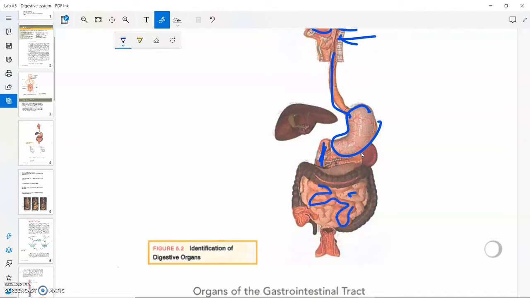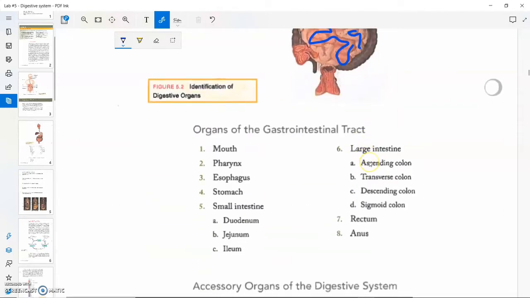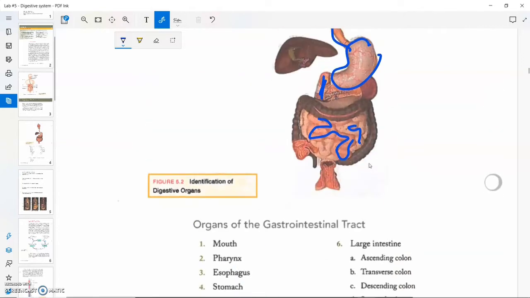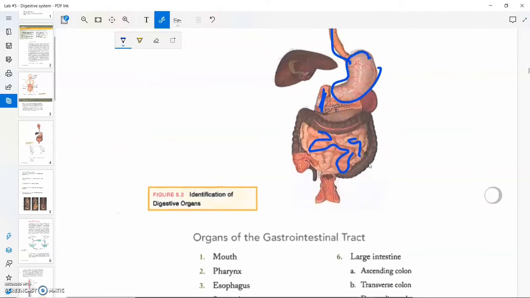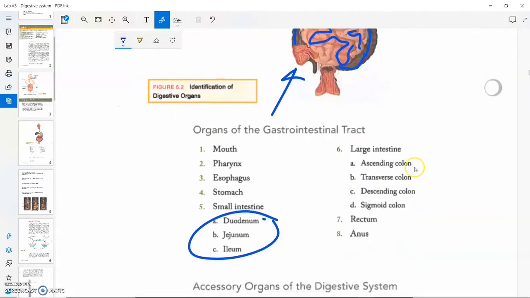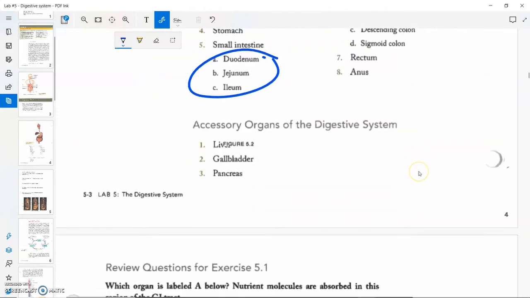The darker colored and lighter colored is the ileum. Three parts of the small intestine: duodenum, jejunum, and ileum. Then the large intestine. You've got the cecum, ascending colon, transverse colon, descending, and sigmoid colon. And the rectum that opens into the anus.